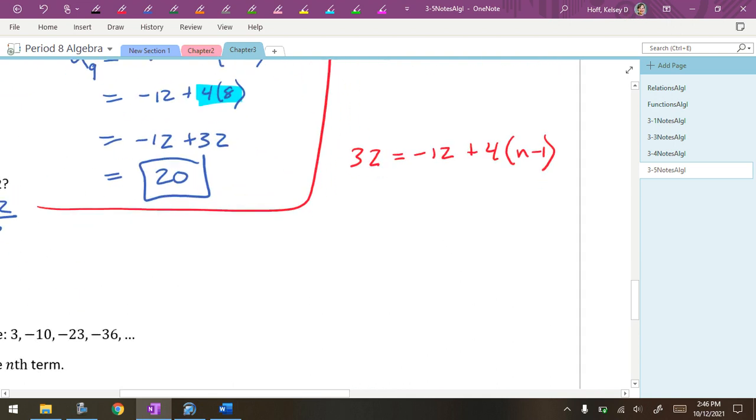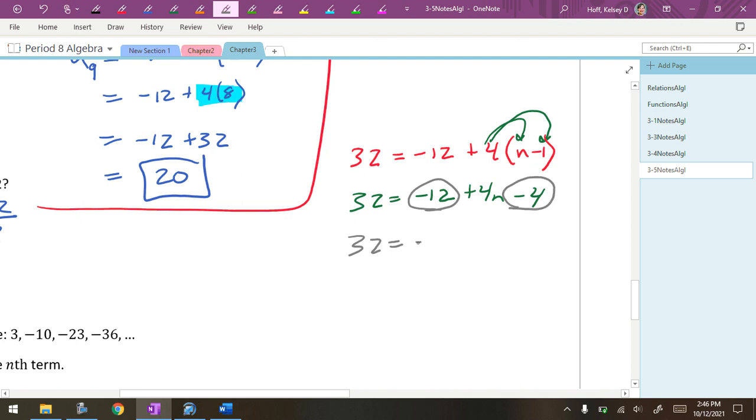Think back to chapter 2. First thing I should do, distribute. What am I distributing? 4. So leave your negative 12. 4 times n, 4n. 4 times negative 1, negative 4. What should I do next? What are your like terms? Which give you negative 16 plus 4n.